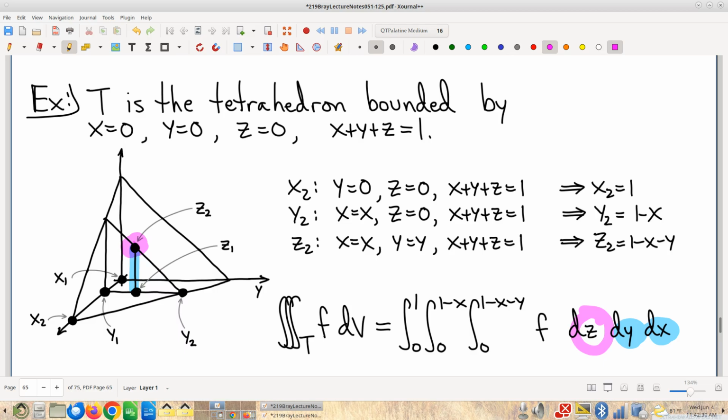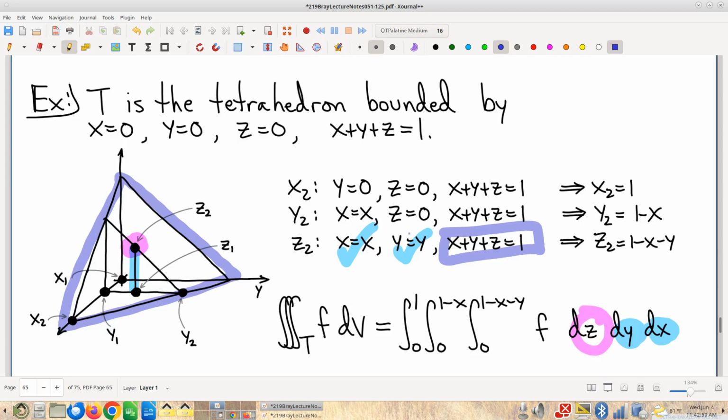Okay, well, that upper bound, well, I already, no, whoops, wrong color. I know x and y. x and y are established. My z bounds are supposed to depend on x and y, so let's just remind ourselves of that. And then what other surface are we on? And again, the picture tells us that we're also on that face, not one of the others. We're on that face, right?